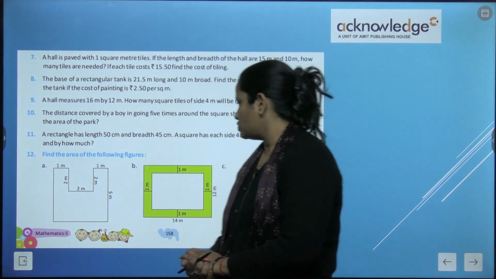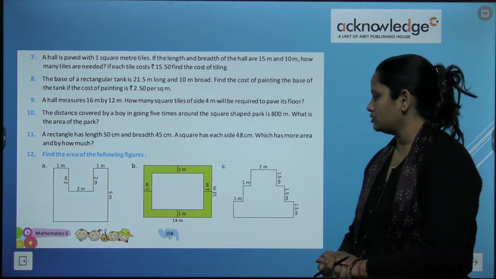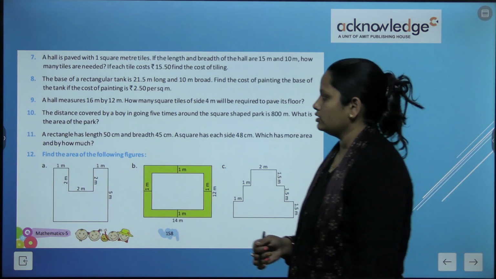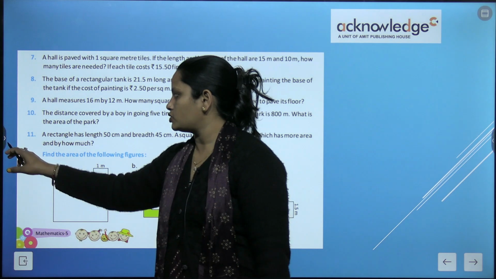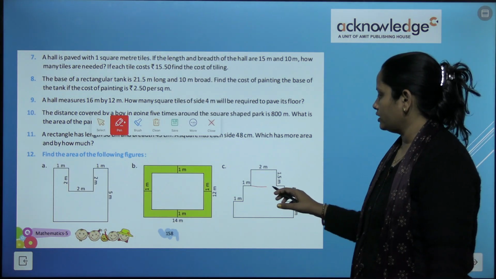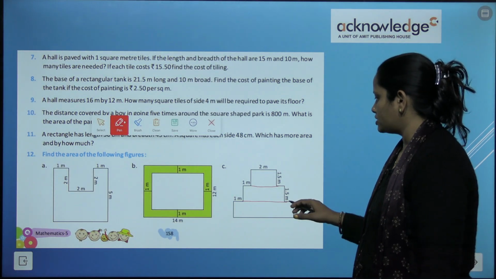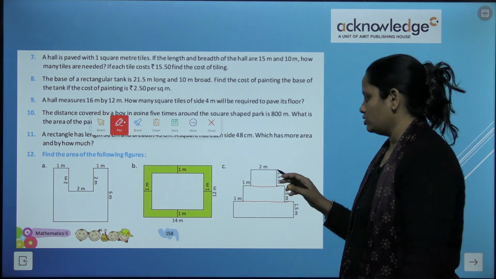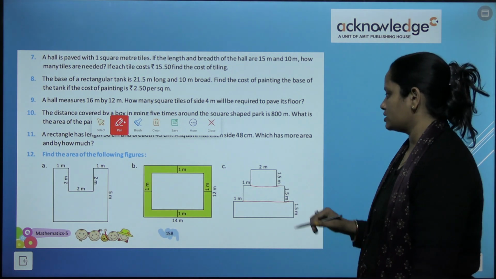Now let's do another question here. Let's find the area of the following figure. Let's do this question number 12. Here we have to find the area of this. So first we have divided this irregular figure into rectangles.